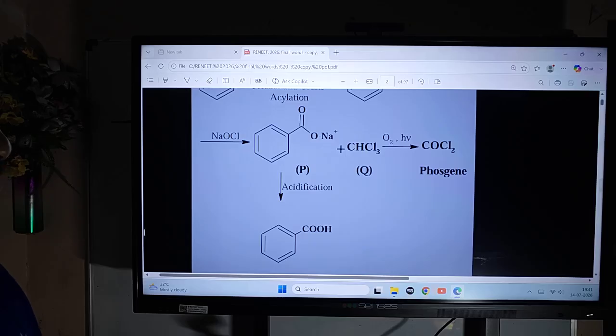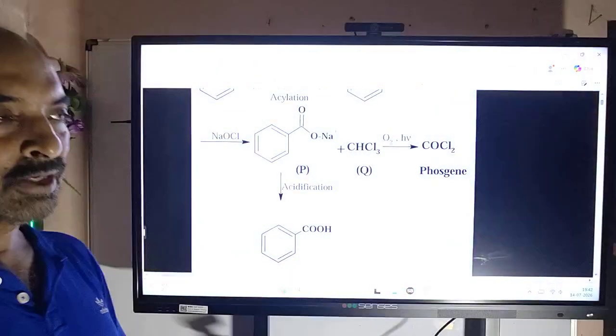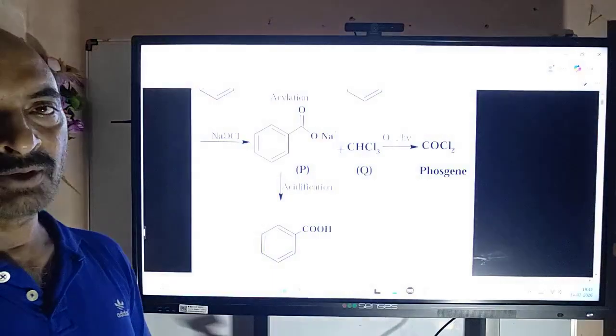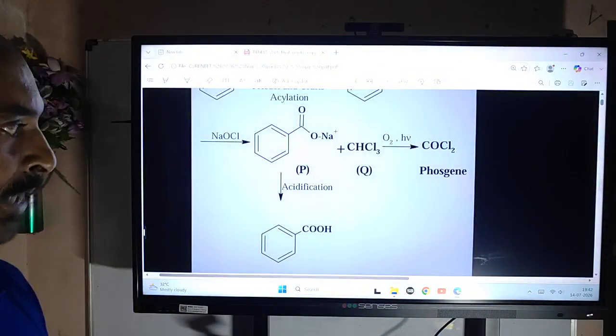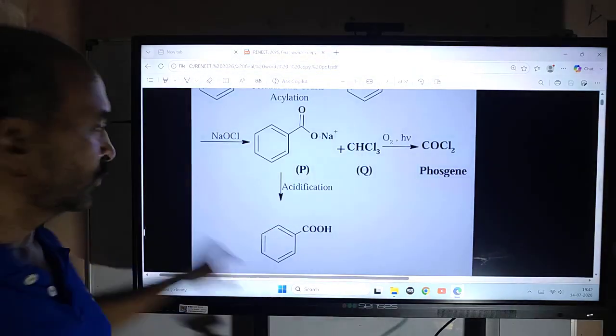We know that chloroform, upon long standing in the presence of oxygen and sunlight, gives the poisonous gas phosgene. That's why old samples of chloroform are not recommended for anesthesia, because this poisonous gas can kill the patient. So these are the final conclusions.